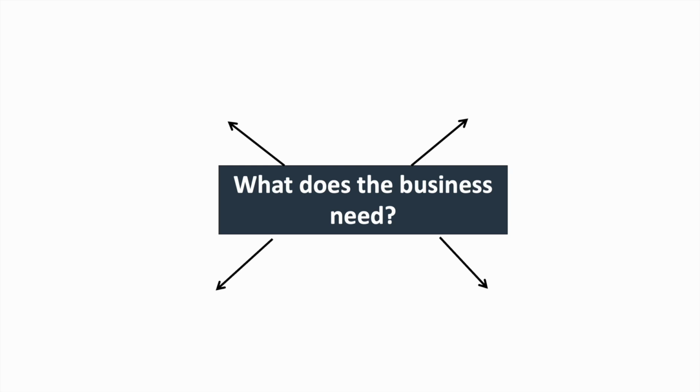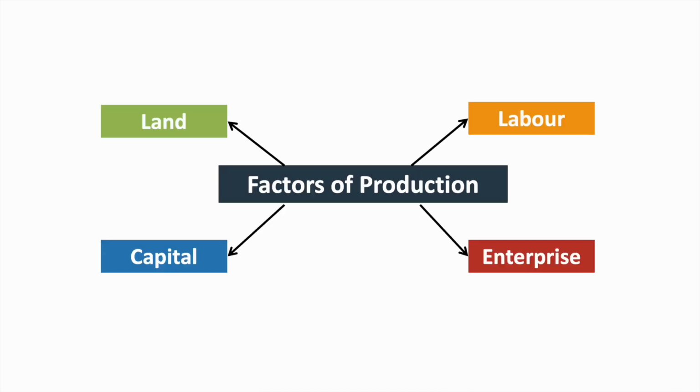Okay, so if you're finished with brainstorming, let's have a look if you got some answers right. Definitely what a business needs is some kind of land, some kind of space where to operate or resources, raw materials to produce from. Then definitely it's going to need some people to actually take care of the processes inside the business, to sell, to advertise, to recruit new people, to even produce the goods.